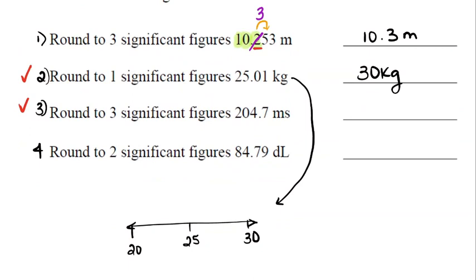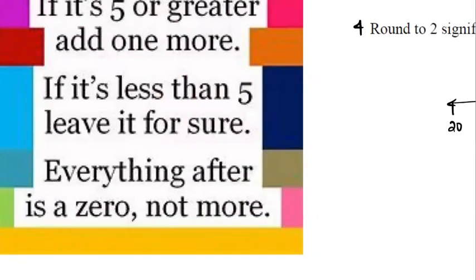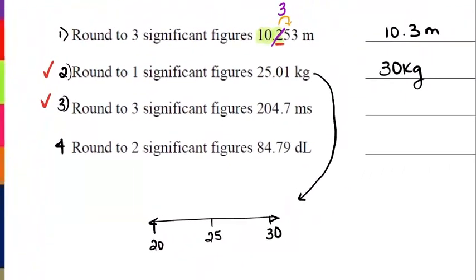In terms of quantity, 25 has a digit in the 10th place and a digit in the ones place. The 10th place digit is going to be the value of 2, in other words, 20. The digit that we have on the ones place is the 5, right? So when we're rounding, remember that last rule that it says here, that everything after is a 0, okay? Now, it applies here.